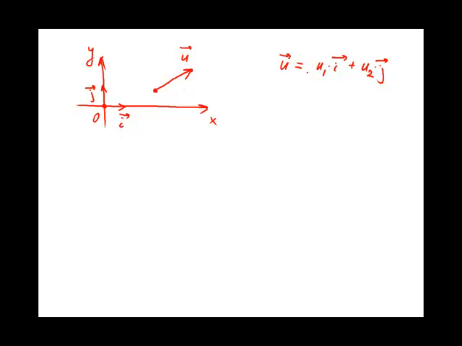What I did here, I represented the vector u as a sum of its horizontal component, so this horizontal vector is u1 times i, and the vertical component. The vertical vector is u2 times j.